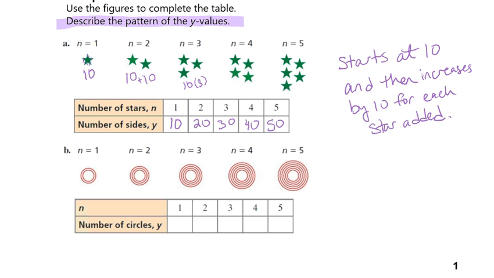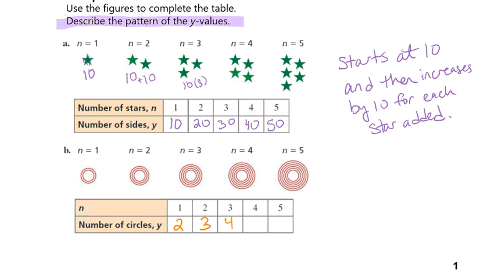Let's take a look at our pattern in part B, where we have these circles. In the first term we have 2 rings, so 2 circles. If we move to our second term, they've added a ring to the outside, so now we have 3 circles. When we move to our third term, they've again added a ring to the outside, giving us 4 circles.